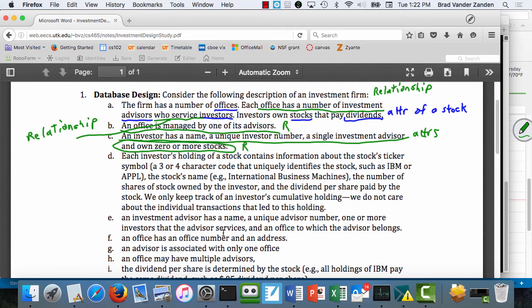Even if you say it's an attribute, what kind of attribute? Remember, there can be composite, simple, single-valued, multi-valued, derived. It would be multi-valued if it was an attribute, but it seems more like it's talking about an entity, so it's going to be a relationship.